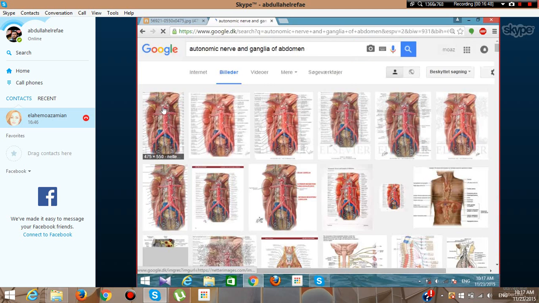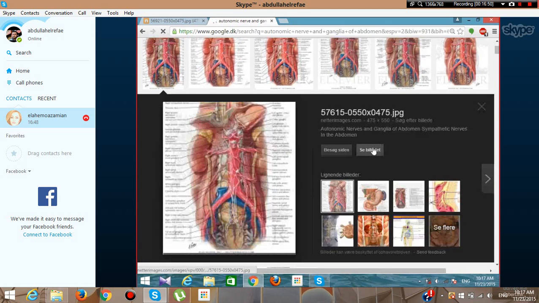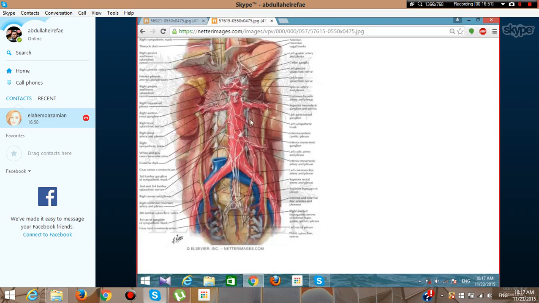Found it. Yes. Okay, look. What's the page? 318. Oh, okay. Yes. Okay, good. We're going to talk about innervation of the organs.